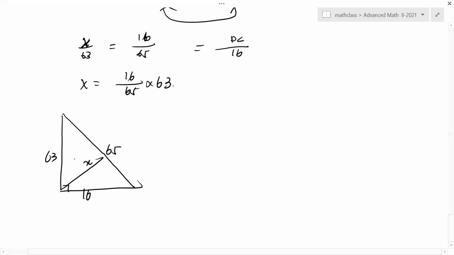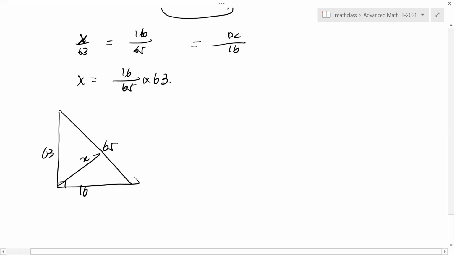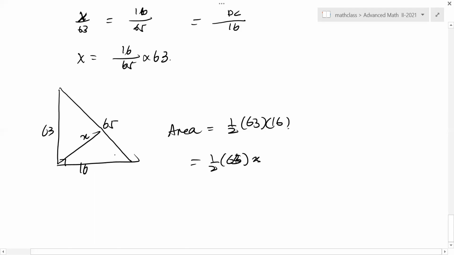We'll talk about the Pythagorean theorem later. If it's a right triangle, the area is half of 63 times 16. You can also calculate the area as half of 65 times h, where h is the height using the other side as the base. So X is 63 times 16 divided by 65. That's what we got using similar triangles.